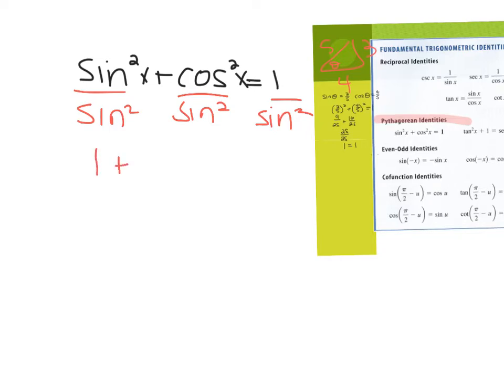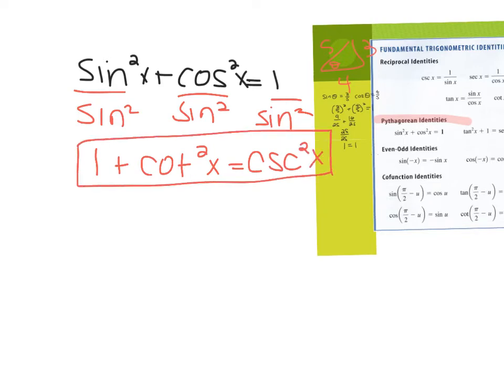I get cosine squared divided by sine squared, which is what? Cotangent squared. And I get 1 divided by sine squared, which is cosecant squared. That's okay. It's Monday morning. So that gives me the last one on the list, okay?